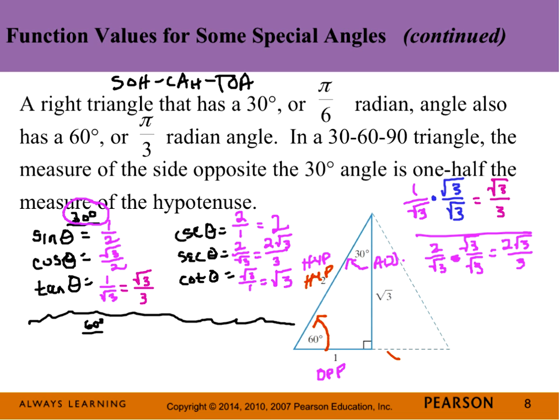Now the horizontal leg becomes my adjacent, and the vertical leg becomes my opposite. Okay, so let me just write down my functions here. Sine of theta, cosine theta, tangent theta, and cosecant theta.